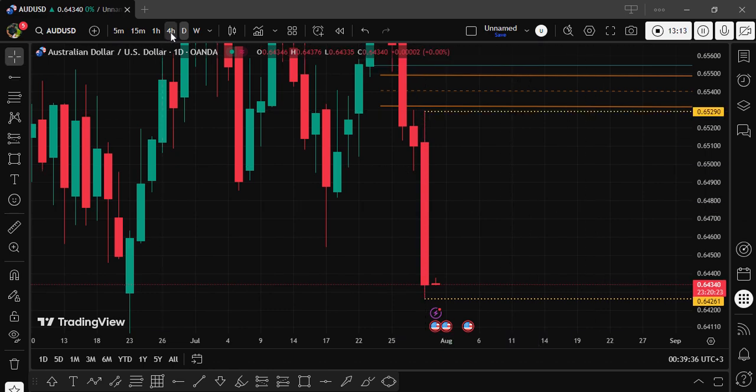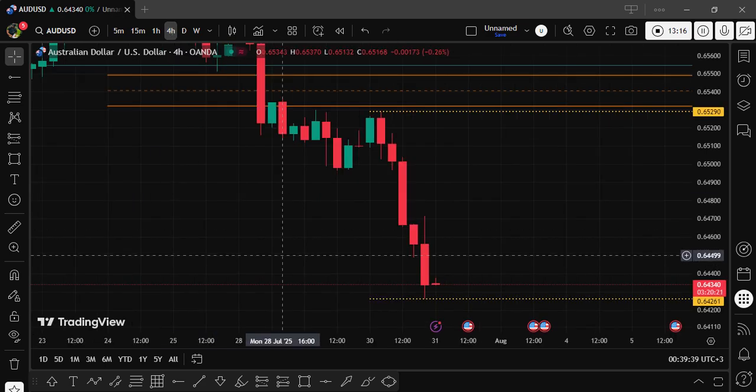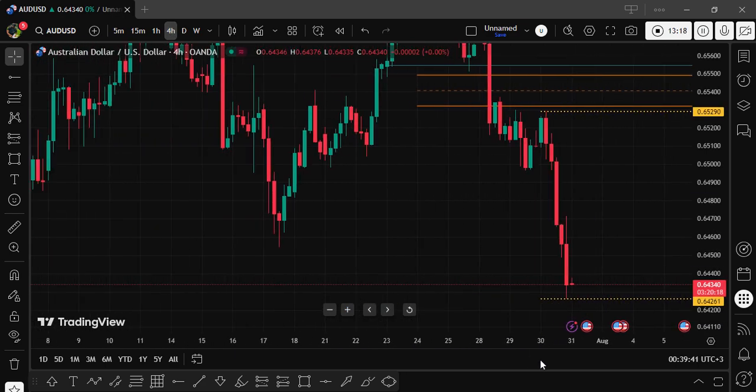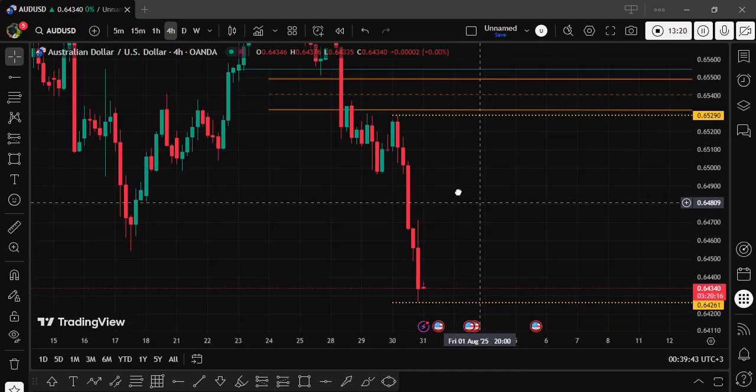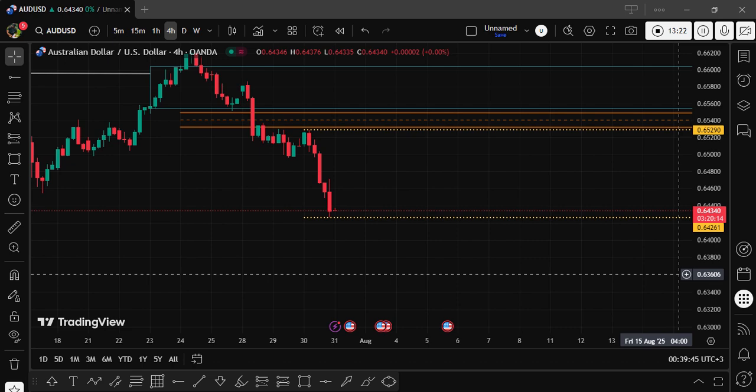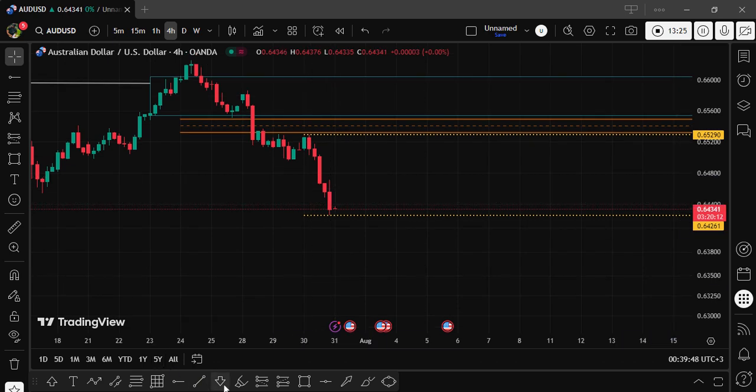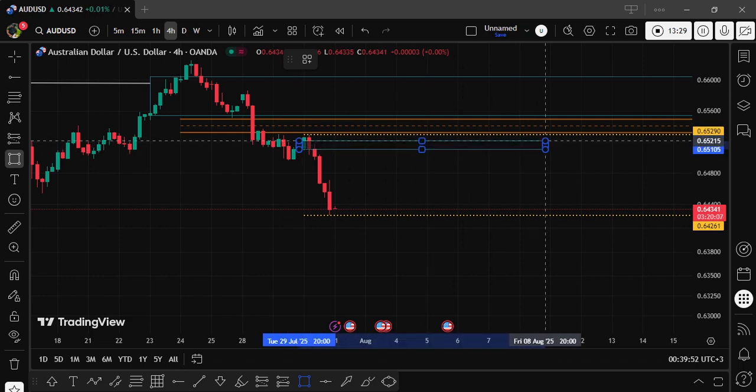Then you're going to look for entries inside that. If you can see, this is like a demand zone.